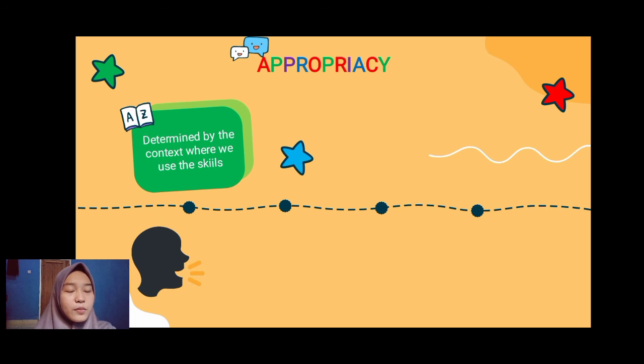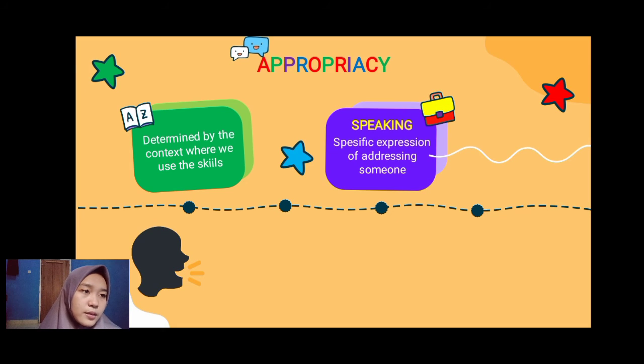Appropriacy. Okay friends, if we talk about contextual appropriateness, it means that the criteria of scoring is determined by the context where we use the skills. For example, in speaking, expressions of addressing someone.